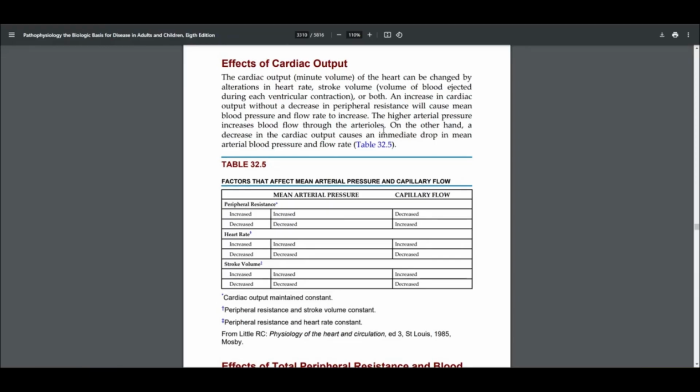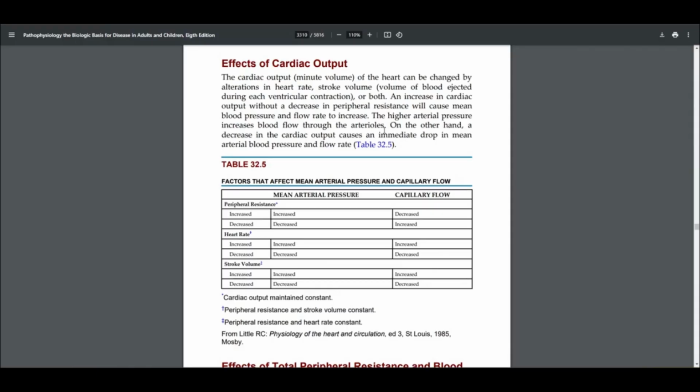If our heart rate increases, mean arterial pressure increases, which also improves our capillary flow. A decreased heart rate means a decreased arterial pressure and a decreased capillary flow. If there is an increase in our stroke volume, there is an increase in our mean arterial pressure, which means an increase in our capillary flow. Whereas a decreased stroke volume has a decreased MAP, which means a decreased capillary flow.